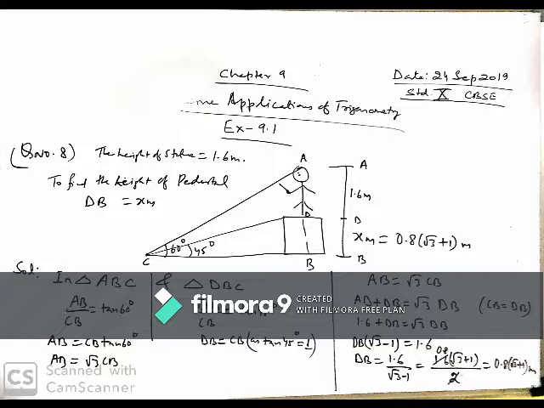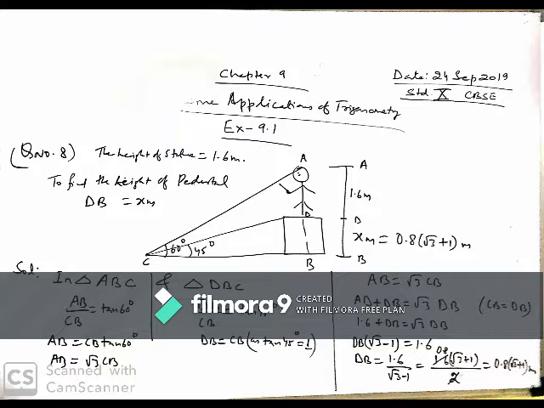Now in triangle ABC, we can apply the tan 60 degree trigonometric ratio. Tan 60 degrees will give us AB by BC, and from here we can find AB equals CB tan 60 degrees, and tan 60 degrees is equal to root 3. So AB is equal to root 3 CB.